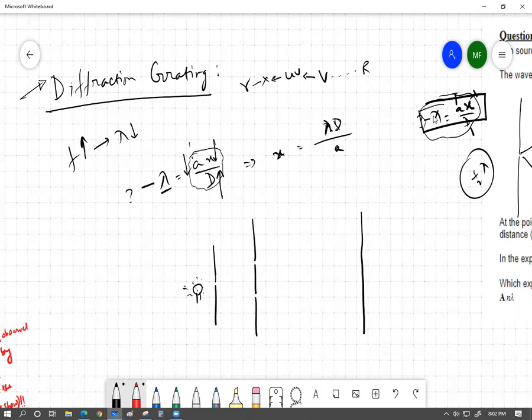The first thing you need to understand: if we keep everything else the same, but simply increase the frequency of this source, which means replacing the monochromatic source with a new bulb which gives high frequency light. For example, initially you had a yellow light, now you bring a navy blue, blue, or purple light.